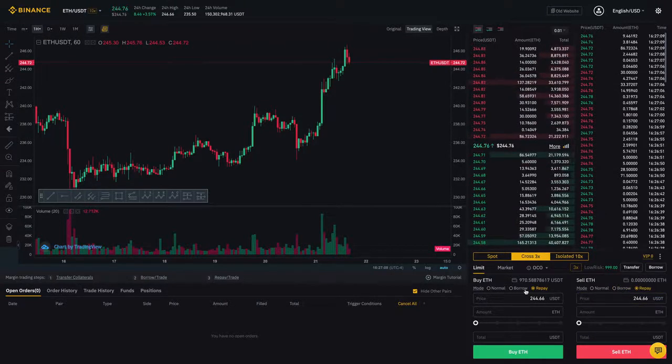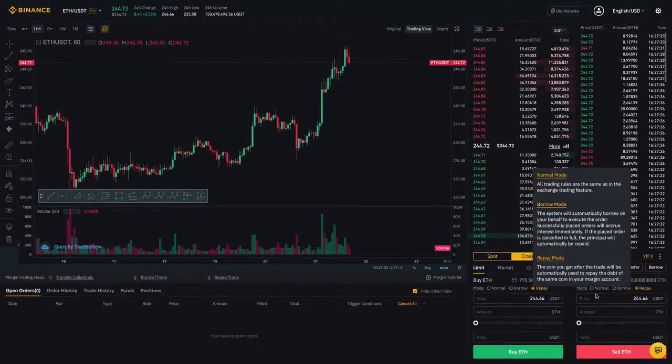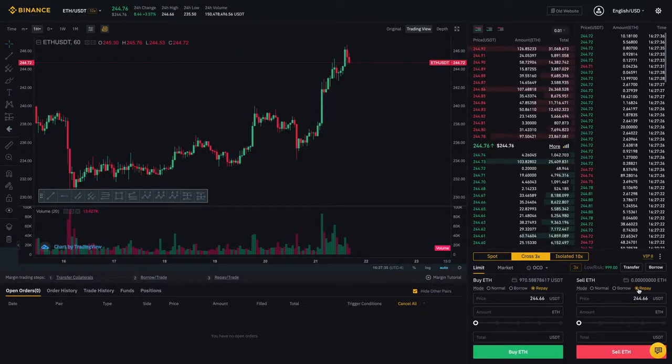So let's just say you borrowed some Ethereum, and then you want to repay it, right? So that's what that option is. So pretty much the only difference between spot and cross is that you can borrow on margin or trade on margin, or borrow essentially, right? And there are some functions here that allow you to borrow and repay.